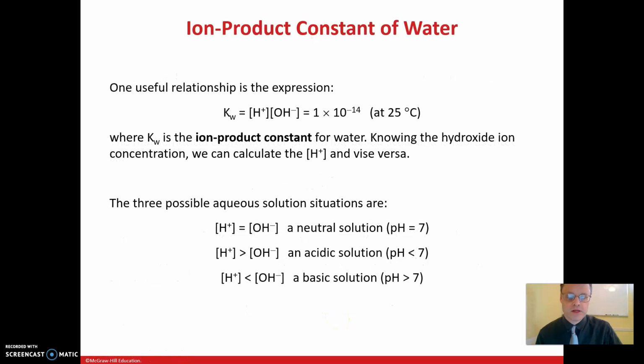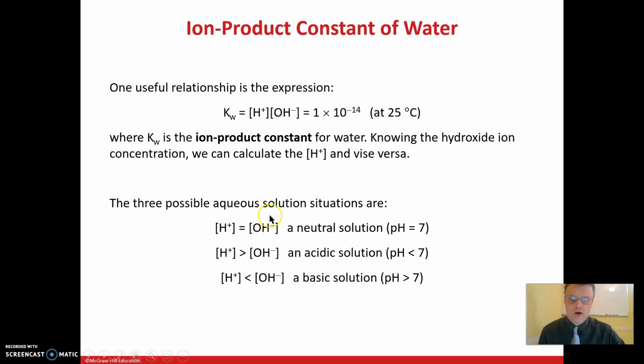When doing calculations with the concentration of H plus and OH minus, it's useful to use the relationship involving the ion product constant for water, and that's K sub W. That equals the concentration of H plus ions times the concentration of OH minus ions, and that equals 1 times 10 to the negative 14th.